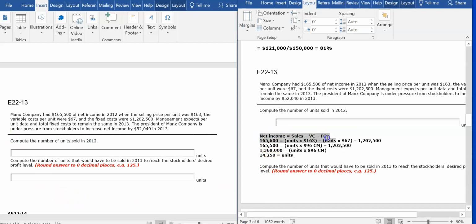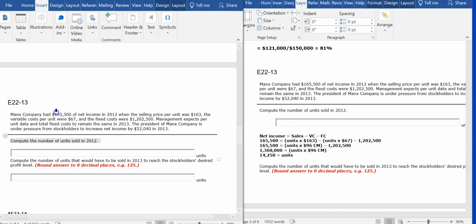Remember our basic understanding of how we calculate net income. It's revenues minus expenses to get to net income. Revenues are our sales. Here we're looking at all of our expenses by variable and fixed. Net income in 2012 was $165,500.